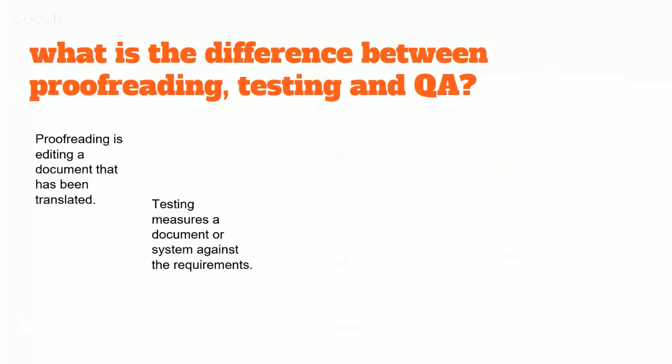I've had this happen where they called it a localization QA, LQA task, and when I looked at the actual instructions, it was clear to me that this wasn't even a testing task, it was a proofreading task. So you have to be careful, because sometimes the project managers don't even get these terms right. But I think it's good as the tester, as the QA professional, that you know the nuances between these.